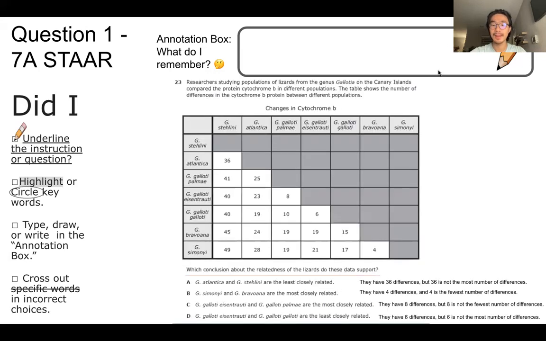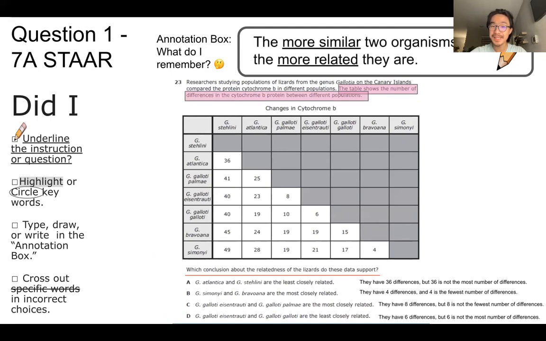Another practice, underline the question. Which conclusion about the relatedness of the lizards do these data support? The data is that table. The table shows the number of differences in the cytochrome B protein between different populations. So we're now looking at proteins and how similar organisms are. Let's read this table.